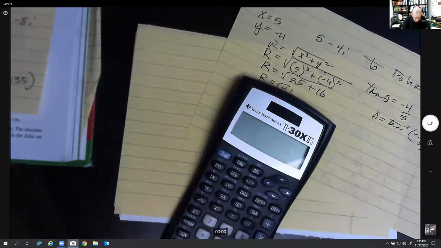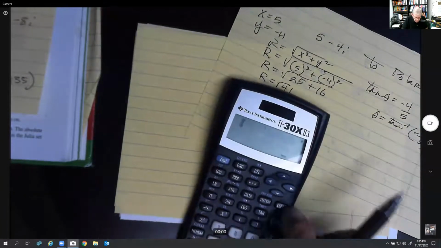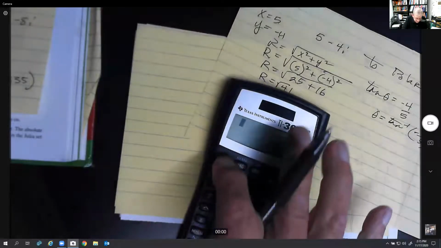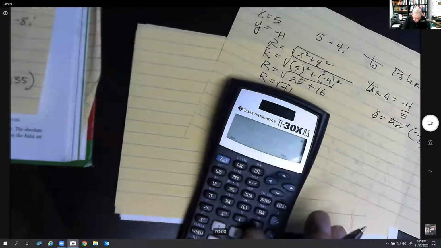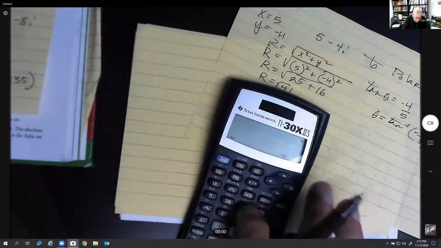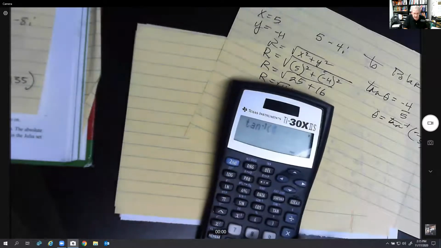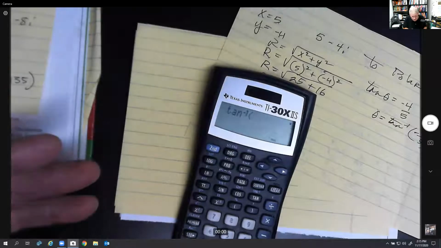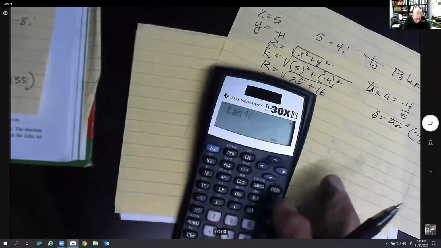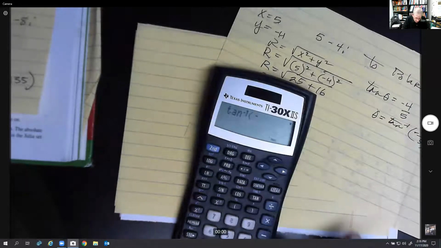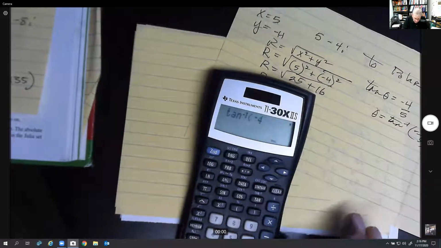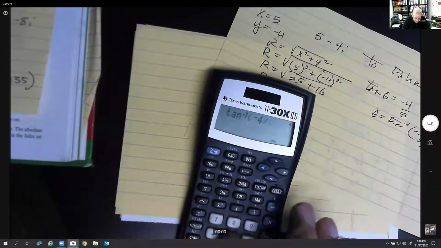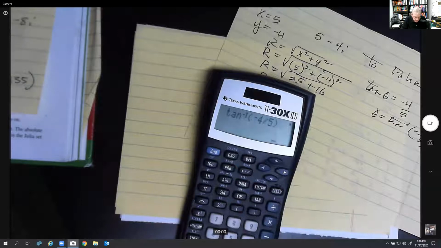Here's one. Calculator. Clear. So I'm going to hit second tan, and -4 divided by 5, equals.